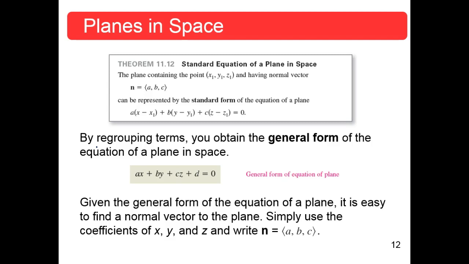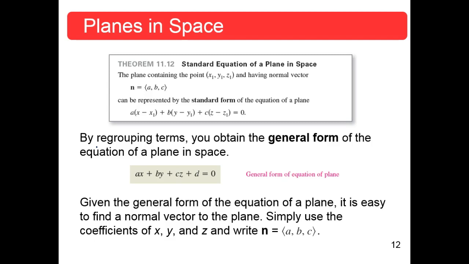Okay? Given the general form of an equation of a plane, it's easy to find the normal vector to the plane. If you're given that there, here's a normal vector, A, B, C. I mean, it's the coefficients of your three variables. What's D? D just is the result of these numbers here, that one point that you happen to choose. Okay? Choose another point, you get another D, but the normal vector is still going to be the same.